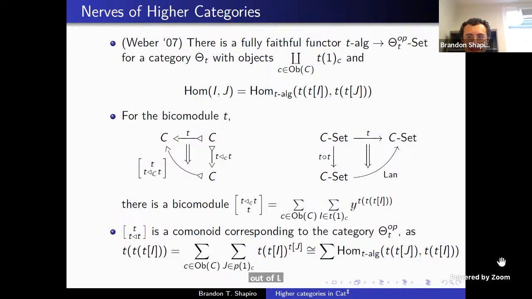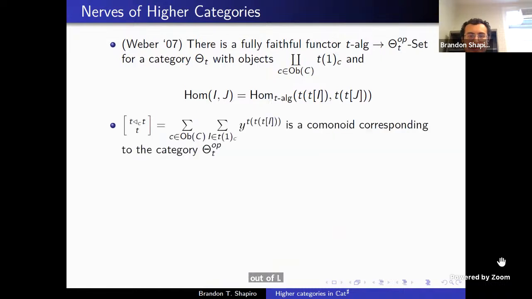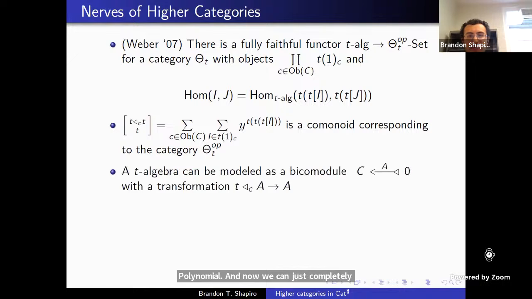So how are we going to use this fact? Keep our definition of theta T, keep our definition of our left Kan extension polynomial, yes, thankfully it's written the right way here. And now we can completely diagrammatically construct the nerve of a T algebra. So first of all, what is a T algebra? How are we going to write that?